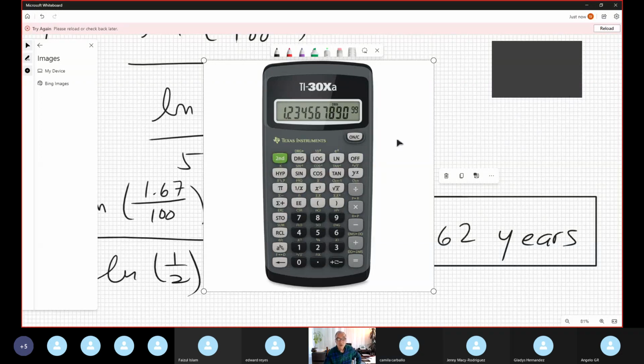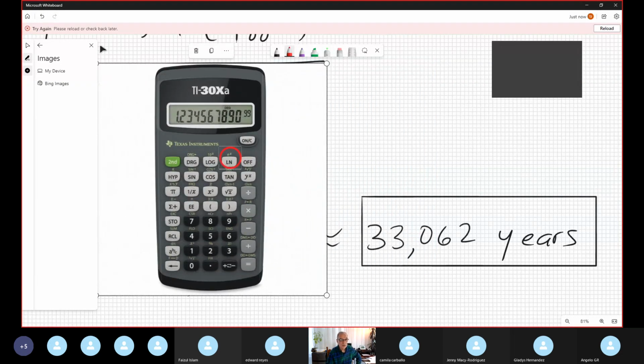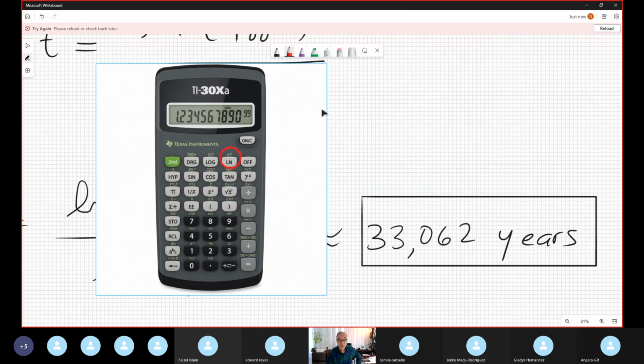Okay. Let me show you. You're using this key, ln, right? And you put ln. Suppose this is a picture, and you suppose this is your display.